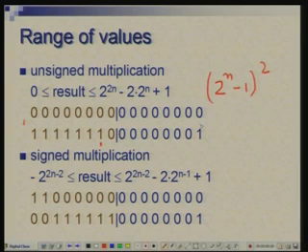On the other hand, when you take signed multiplication, the range would be, so the largest most negative number is this and the most positive number is this.